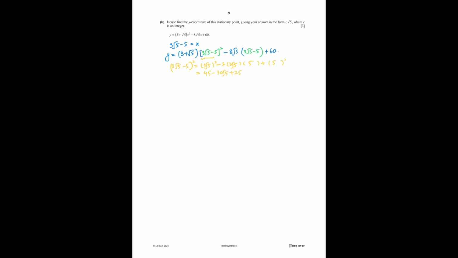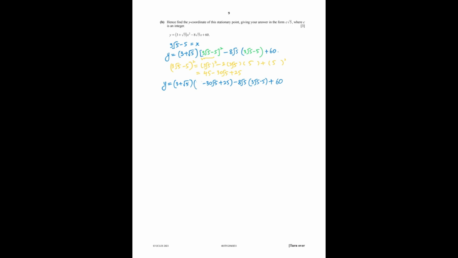So now the equation will be y equals (3 + √5) times (45 − 30√5 + 25) minus 8√5 times (3√5 − 5) plus 60. Alright, after that we can add these two numbers 45 and 25, which sum up to 70.